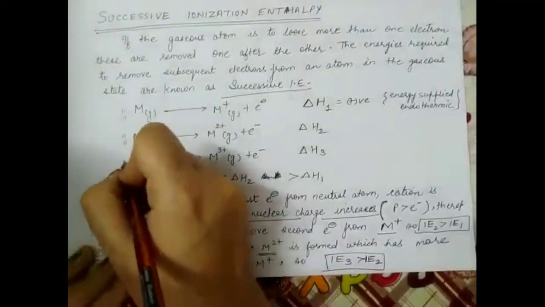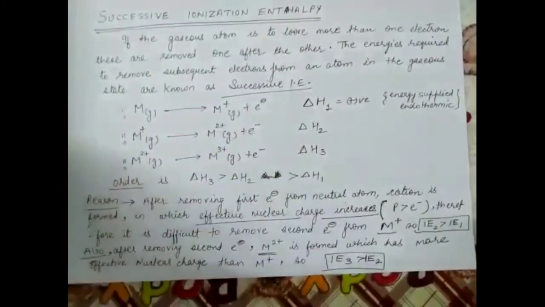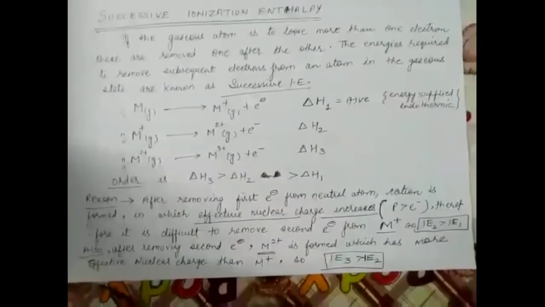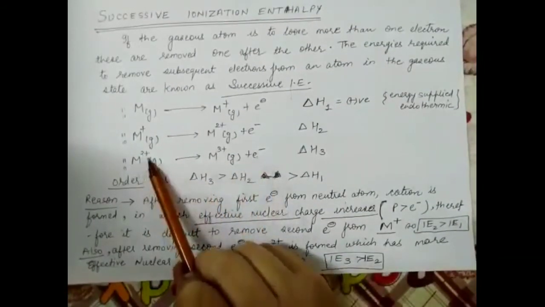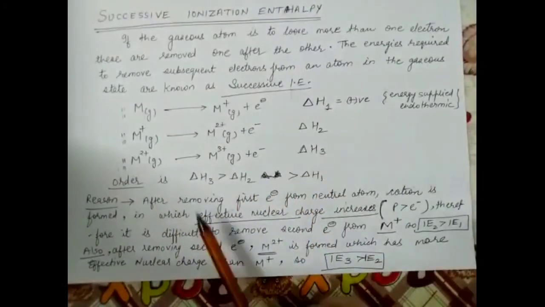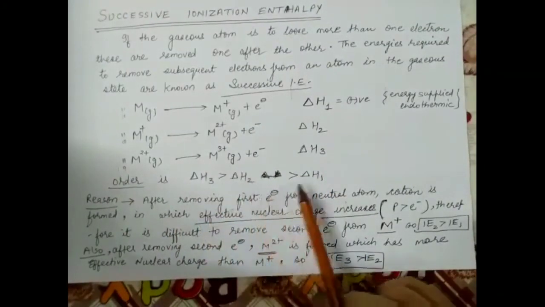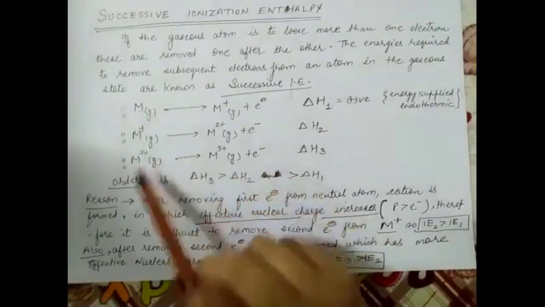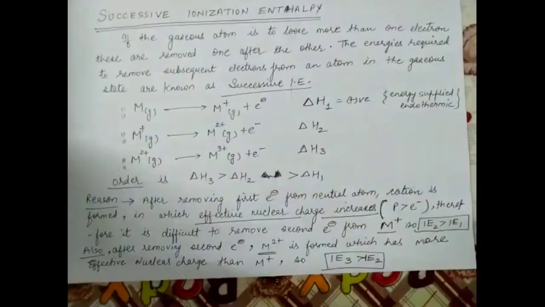Then it has 11 protons and 9 electrons. As we move from here to here, my effective nuclear charge is increasing. So M2 plus has the greatest effective nuclear charge, and again it is difficult to remove the third electron from M2 plus. So delta H3 will be highest. What is the order? Delta H3 is greater than delta H2, which is greater than delta H1. And the reason behind this is the increase in the effective nuclear charge.